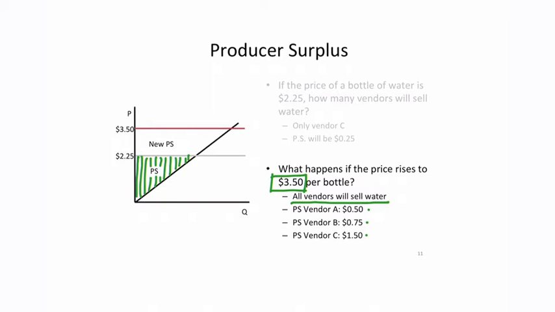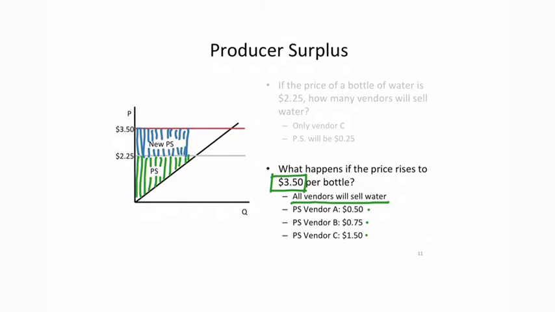So we have the area of producer surplus that we had before coming from vendor C, but now we also have the additional producer surplus that vendor C gains from this higher price, which will be this area right here. He goes from a producer surplus of 25 cents to a producer surplus of $1.50. That's quite a big gain for him.